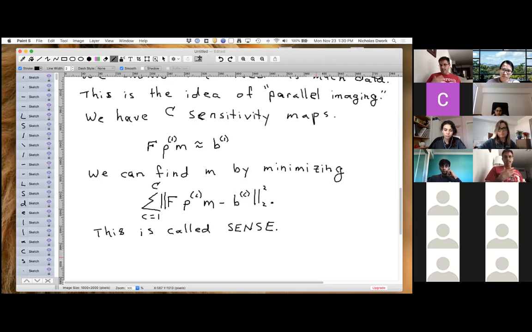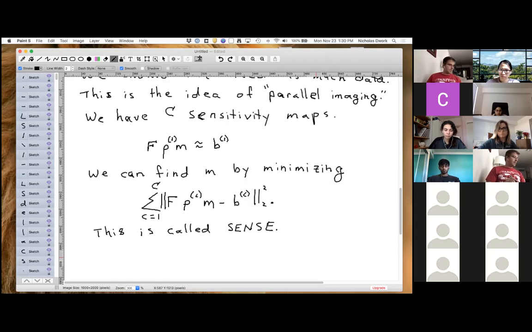So the less time you can spend per scan, the more information you can get about your patient, the more diagnostic the doctor is going to be able to be. The better comprehension the doctor will have of the patient. So parallel imaging was huge. It was huge.